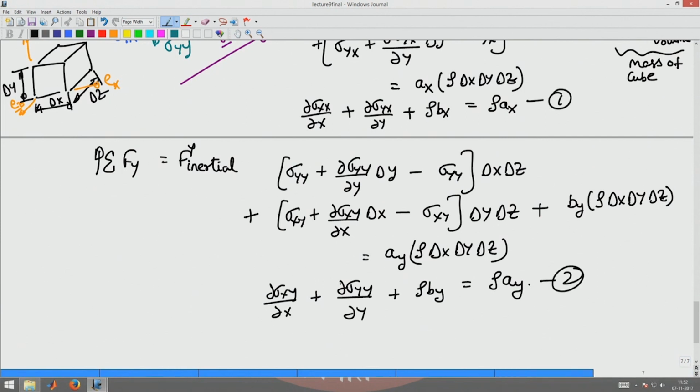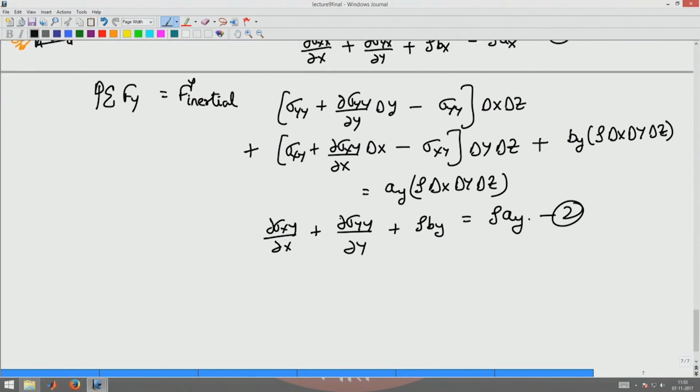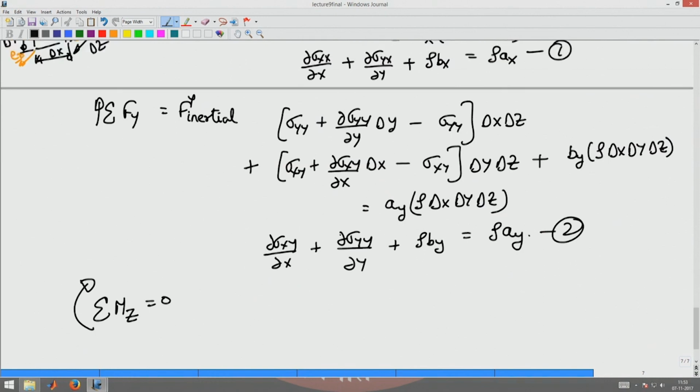In a plane problem, you have two force equilibrium equations and one moment equilibrium equation. So, let us see what the moment equilibrium tells us. Okay. Next, we are going to say what is the moment equilibrium, Mz moment equilibrium, taking anticlockwise moment as positive. Okay.